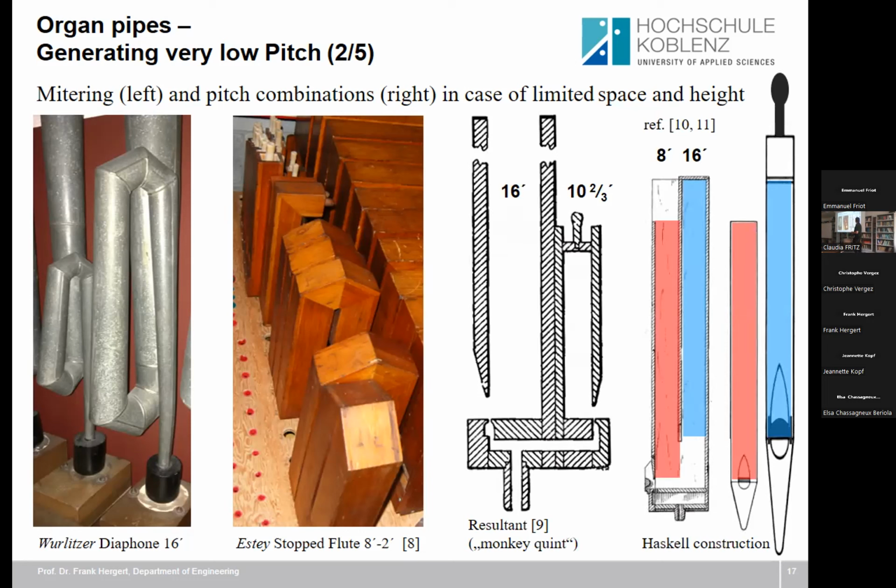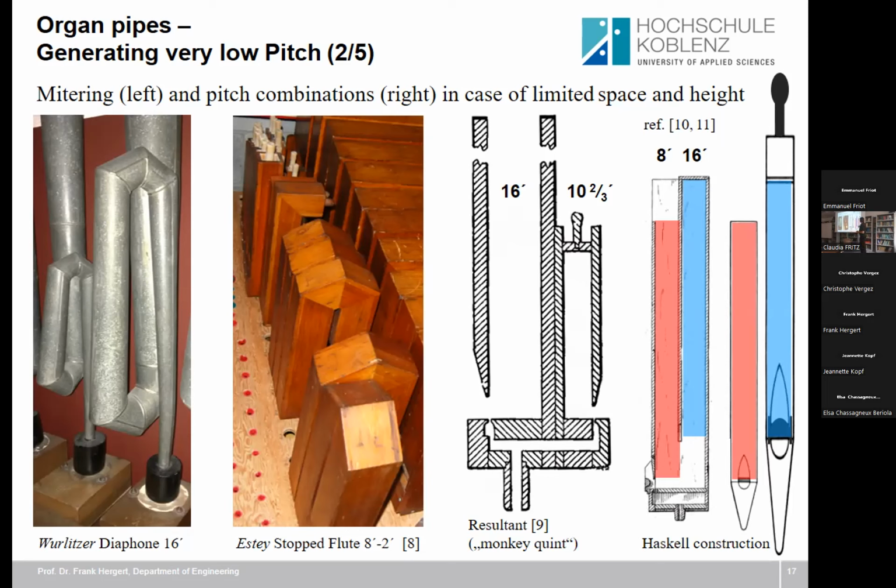We could, for example, combine a full-length pipe with an open flute, with a stop flute, and hope that there is some virtual pitch, residue pitch. So we play, for example, 60 hertz from this pipe, 40 hertz from this pipe, 60 from this, and we hope to generate 20 hertz as a residue pitch.